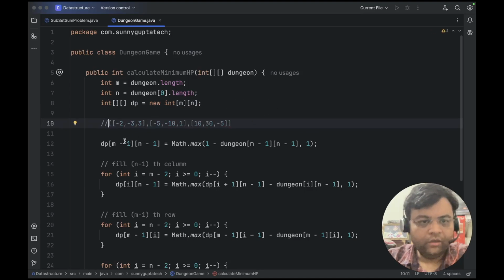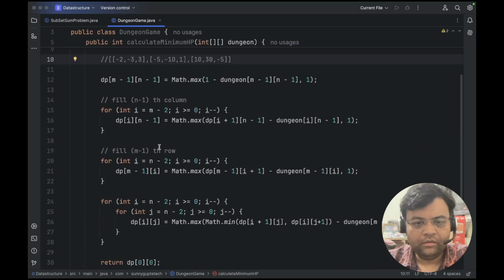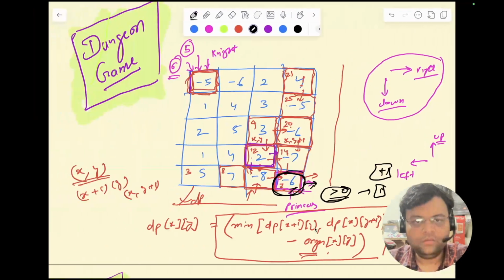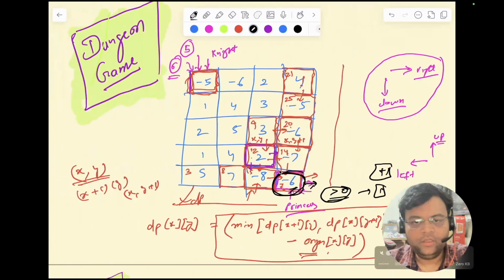Now dp m minus 1, n minus 1. For example, if we read this, we are saying next row, same column, next row, same column, and next column, same row.